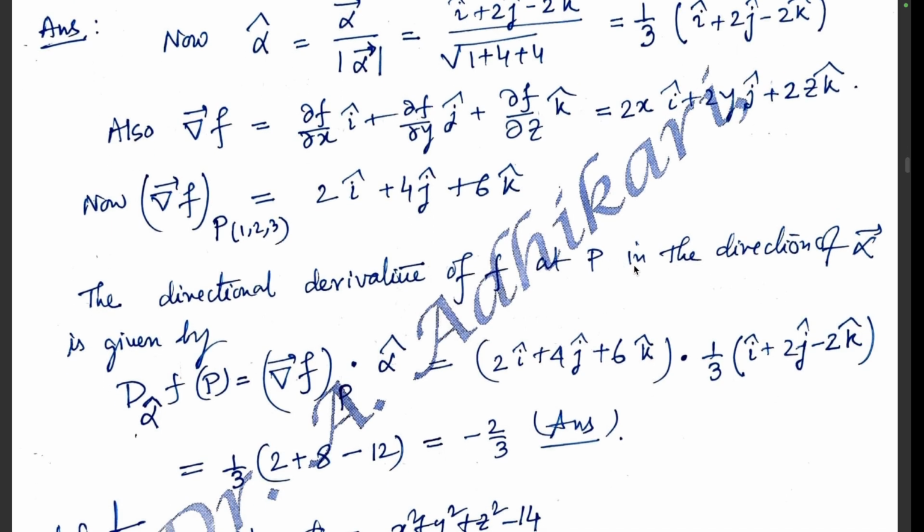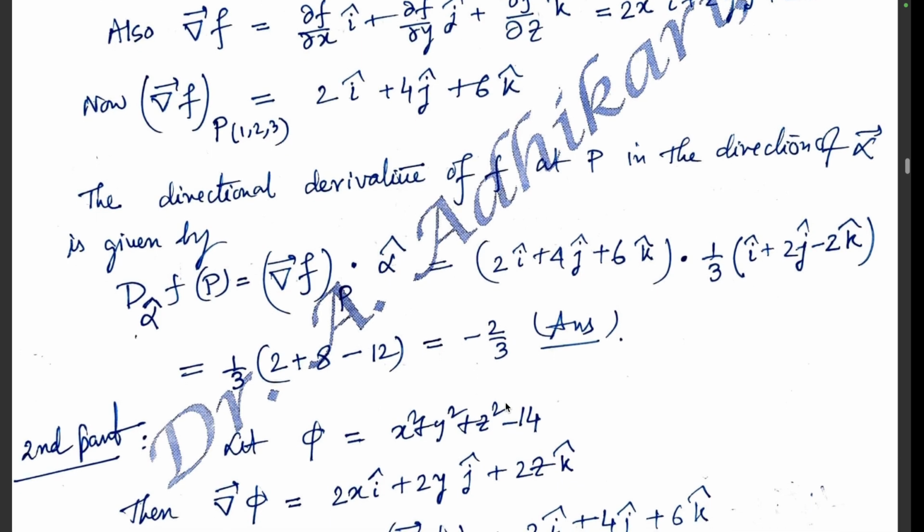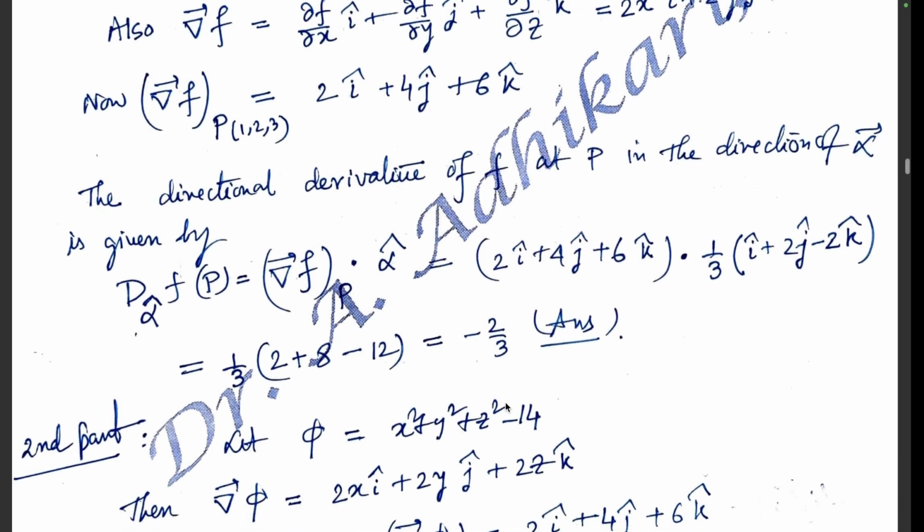The directional derivative of f at the point P in the direction of alpha is given by grad f at the point P dot alpha cap. So minus 2 by 3 is the answer for the directional derivative in the direction of alpha cap.